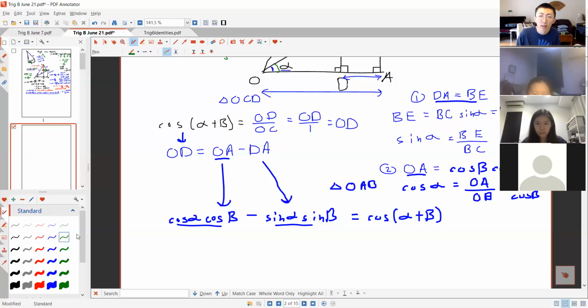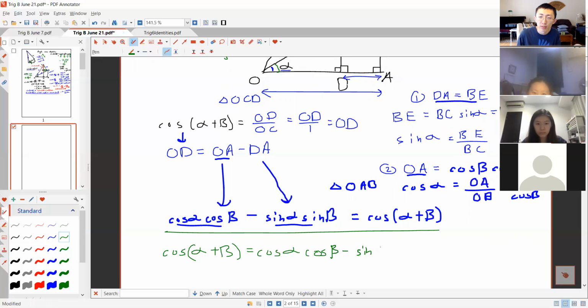So again, I recommend memorizing this one. Let me write it, so that this is on the left. Cosine alpha plus beta is cosine of both angles multiplied together. Cos alpha cos beta minus sine alpha sine beta. So notice the plus sign, you have a plus sign here, but a minus sign here for cosine.